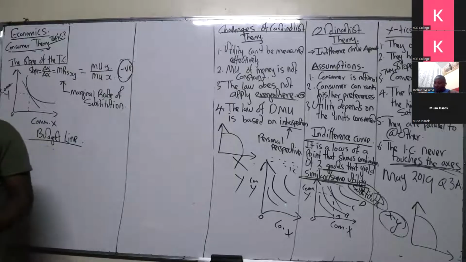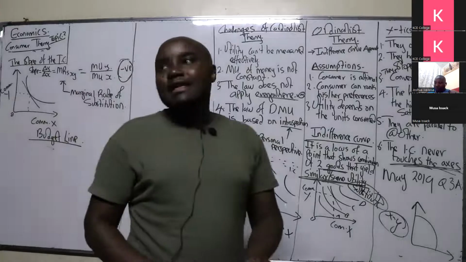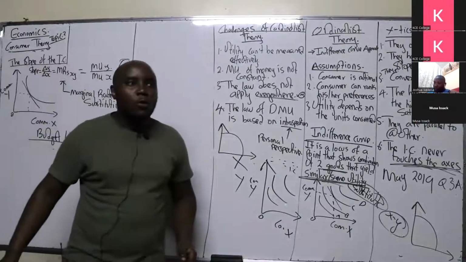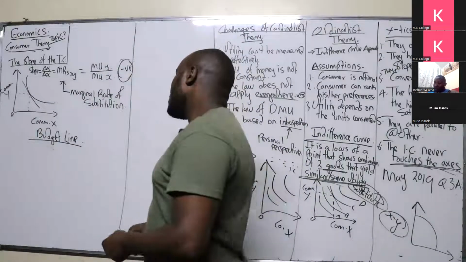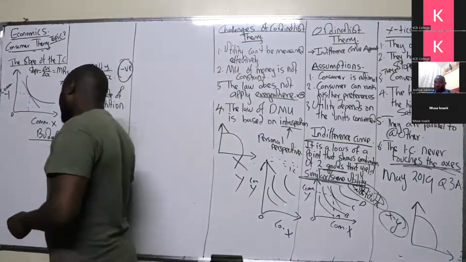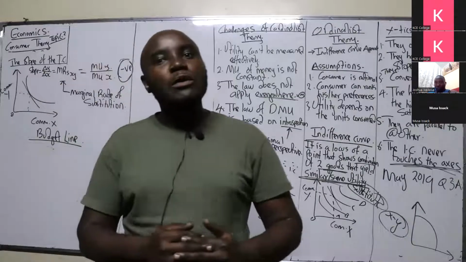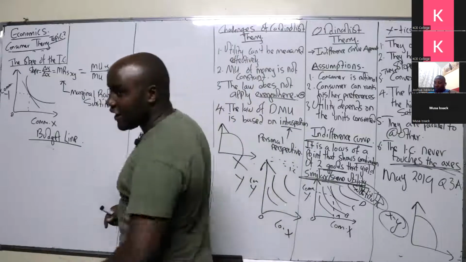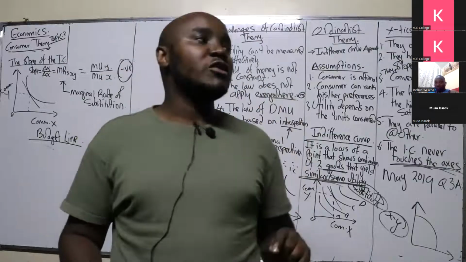When you're talking about the budget line, this is also a locus of a point, whereby when we have some money, probably 1,000, which combination of commodity X and commodity Y can we buy with the current market price of those commodities?